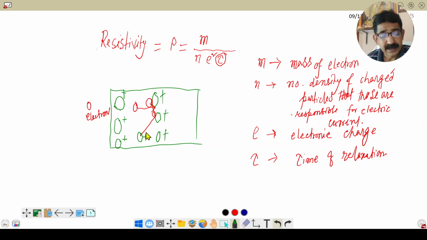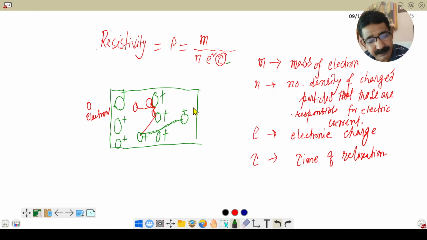After hitting this point, it moves along this line and again encounters another collision here. So one collision, then a second collision, then a third and a fourth. The time interval between successive collisions is equal to tau.